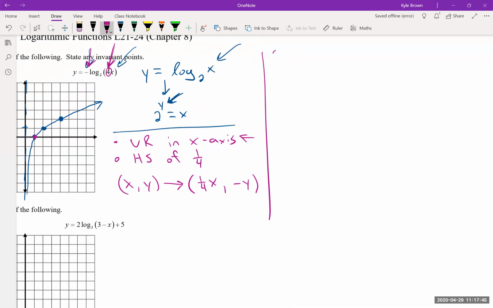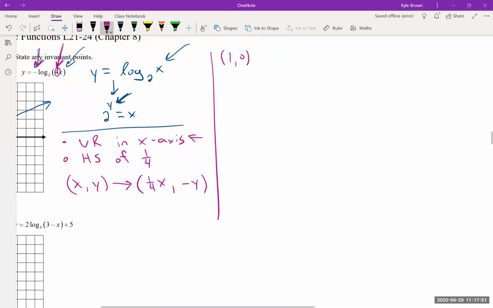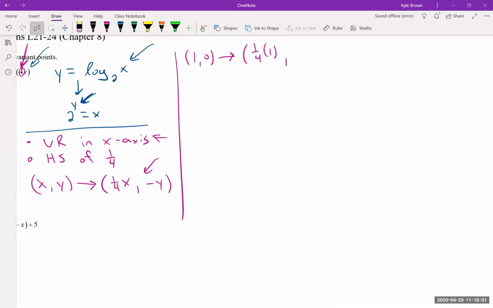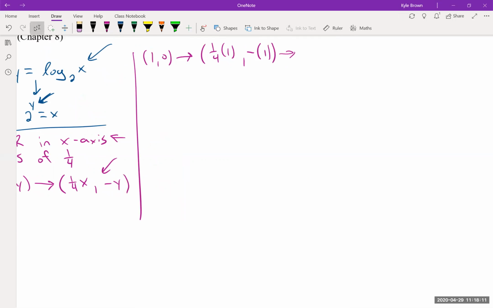So that point, that is 1, 0. All right, if I'm applying this to it, then that's going to be 1/4 times 1, comma, so that'd be my x value, and then my y value would be negative and then 1. So that point, here, maybe I'll just draw another arrow, do it over here. So that point would be at 1/4 times 1 is still a quarter, and then comma, and then negative 1.